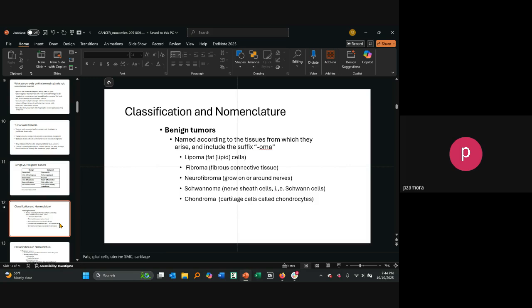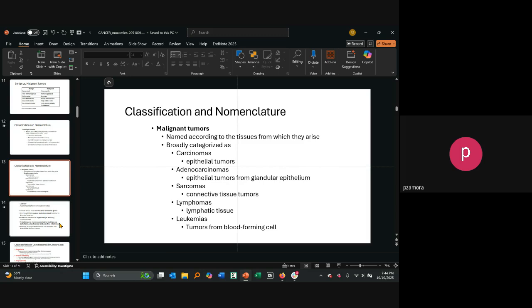A fibroma comes from connective tissue, fibrous tissue. Neurofibroma, neuro from a nerve, grows obviously from nerves. Schwannoma comes from Schwann cells, and so on.